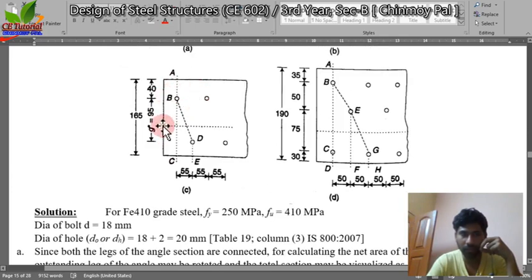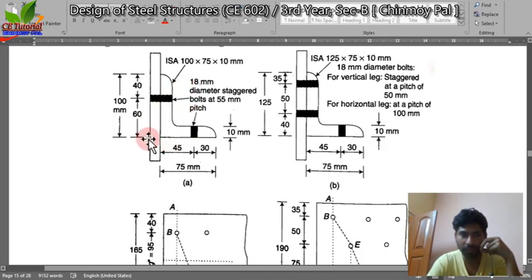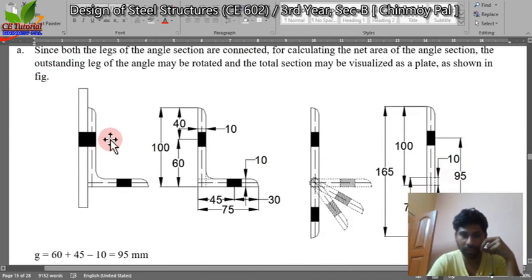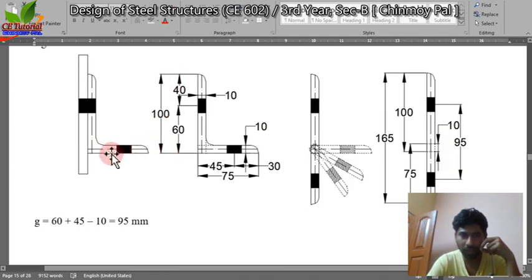For the first case, we are considering Fe410 grade of steel, bolt diameter 18 and bolt hole 18 plus 2 from Table 19, you can see. For the first case you can see this is 100 and this is 75, and this is the rotating position, 90 degree rotation here for this 75 angle length, and we are considering this as a plate.